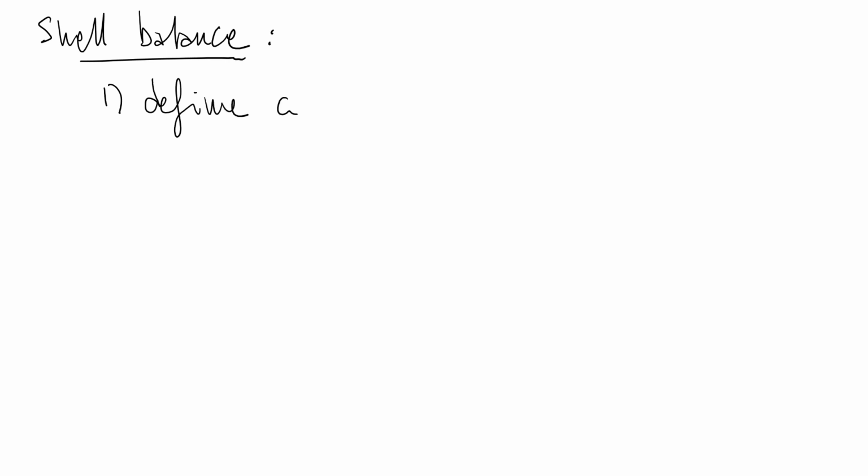Okay, so let's start with our shell balance. The first step of shell balance is defining our control volume. And usually the way this is done, you have one dimension that is really small. It's going to be an infinitesimally small dimension.